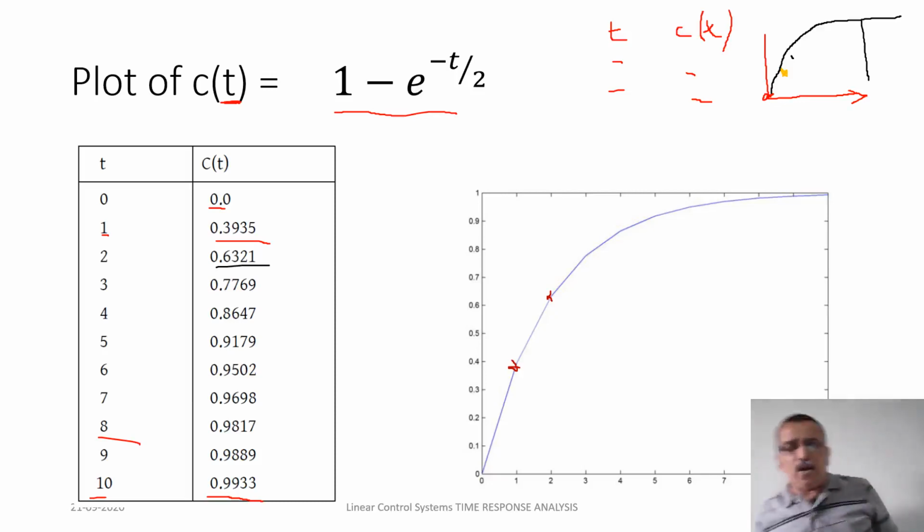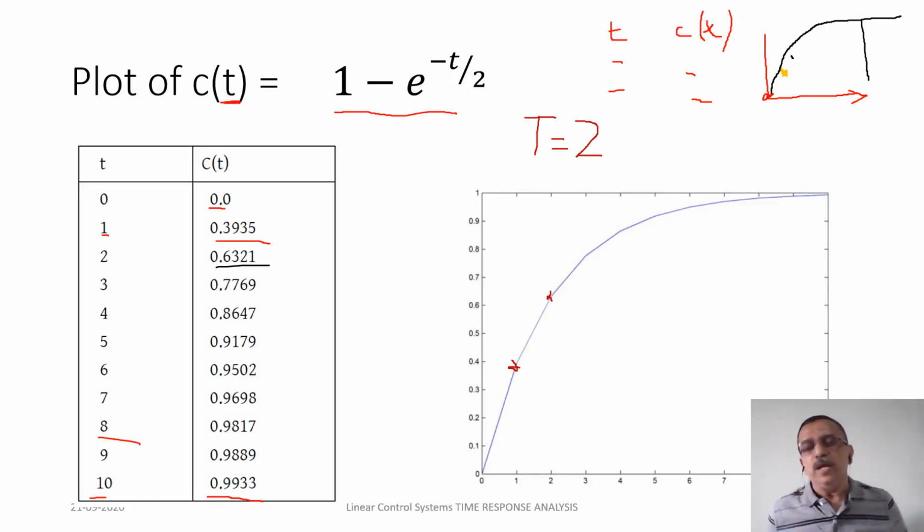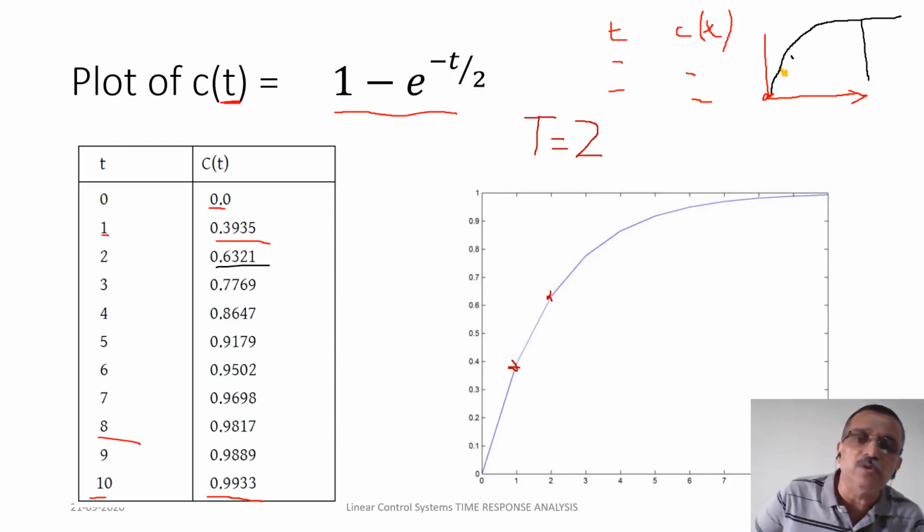Some things are in order here. So our transfer function was 1 by 1 plus 2s. For this system, the time constant is 2 seconds. What it means is, it gives you some idea about how long it will take for the response to reach steady state.